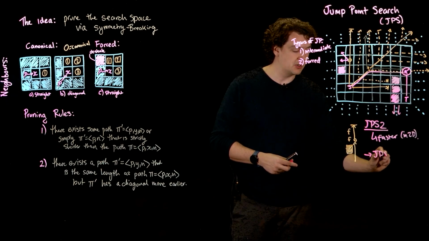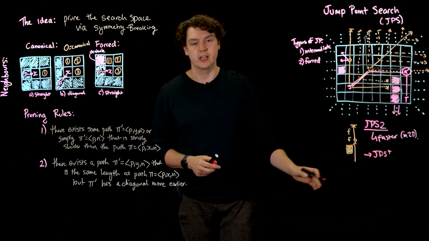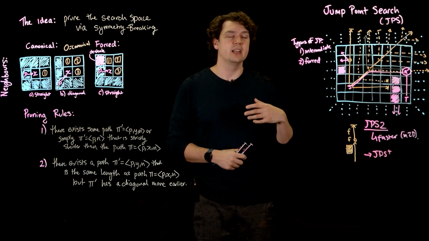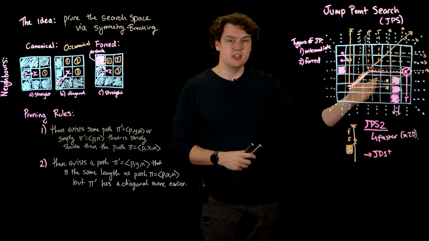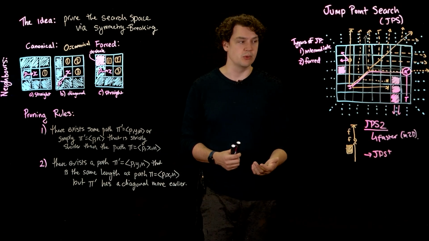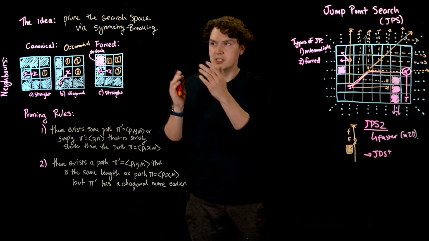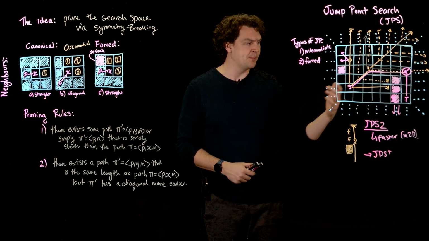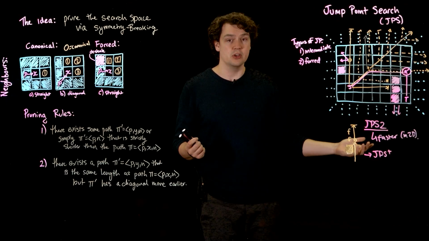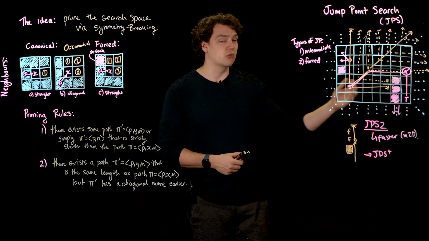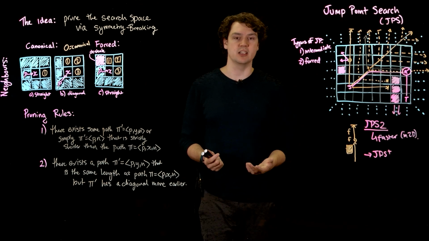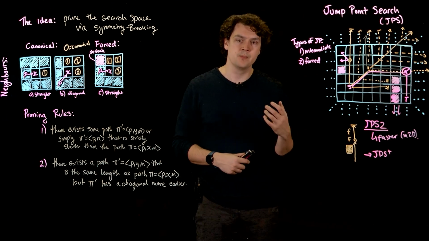JPS-Plus is the idea of JPS, but we're seeing that the jump procedure is extremely useful. Reasoning over the world to do such hard symmetry breaking, we really reduce the amount of nodes in our search tree, in our search space, drastically. And that means we can really retrieve, and this is where we're getting such excellent performance.